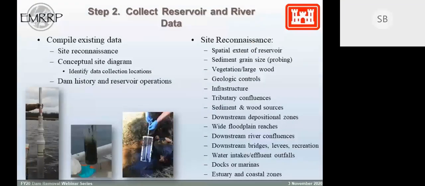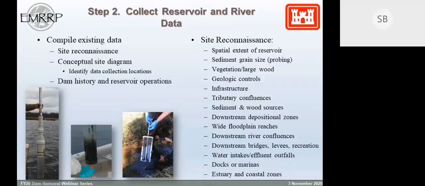So the next step is going to be to collect some baseline data that's going to be needed for the risk evaluation. The existing data should, of course, be synthesized first, and then reservoir and river data may need to be collected to fill in those data gaps. Existing data might include bathymetric surveys or topography, any sedimentation studies that have been done, or sediment gradation.